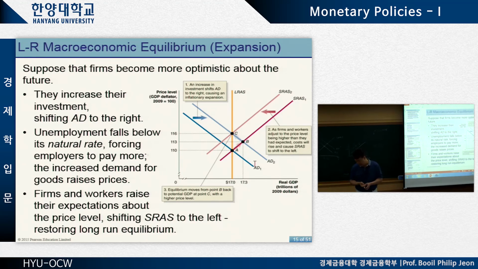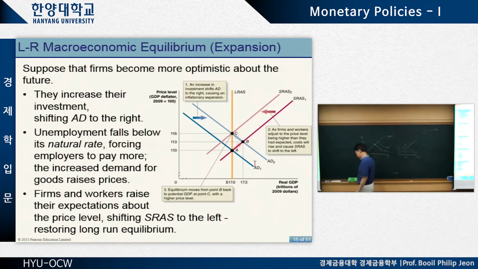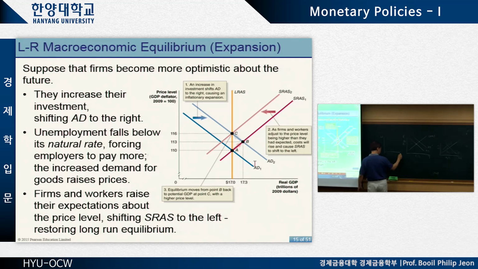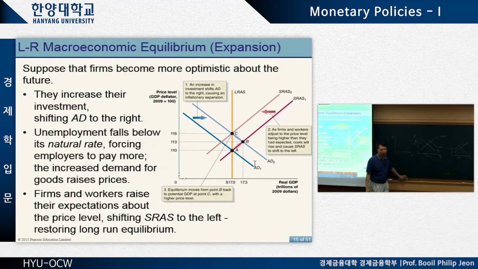Workers realize that everything became more expensive. Okay? So in the labor market, let me use N here instead of L. In macroeconomics, we usually use N for the employment.